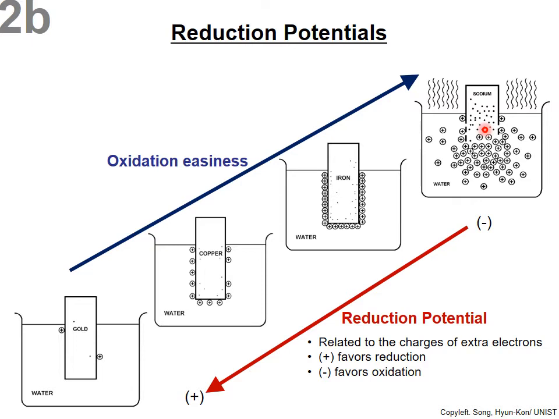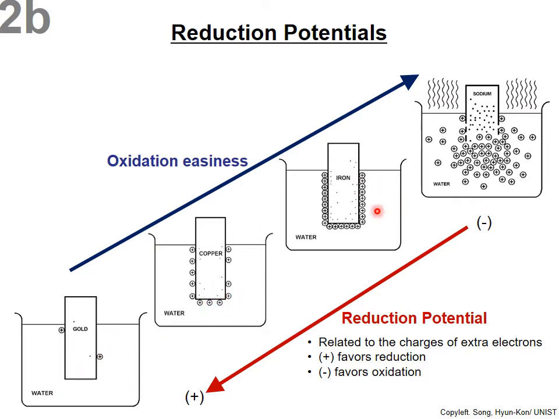So it means the reduction potential of the gold bar is the most positive one, minus 2, most positive one. The next one is copper, minus 10. It means the reduction potential of copper is more negative than the reduction potential of gold.